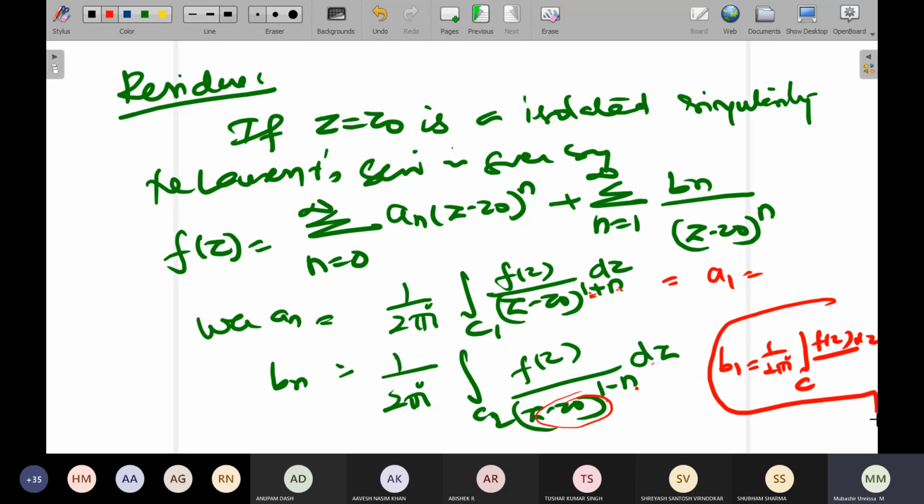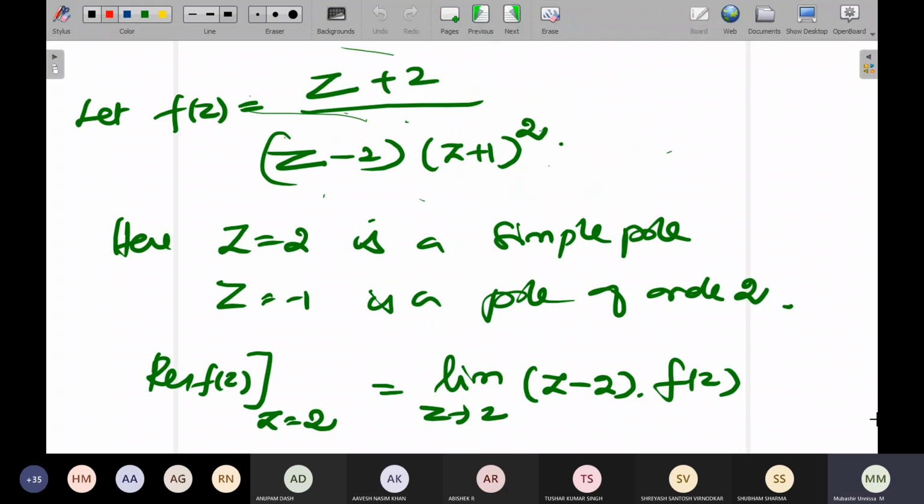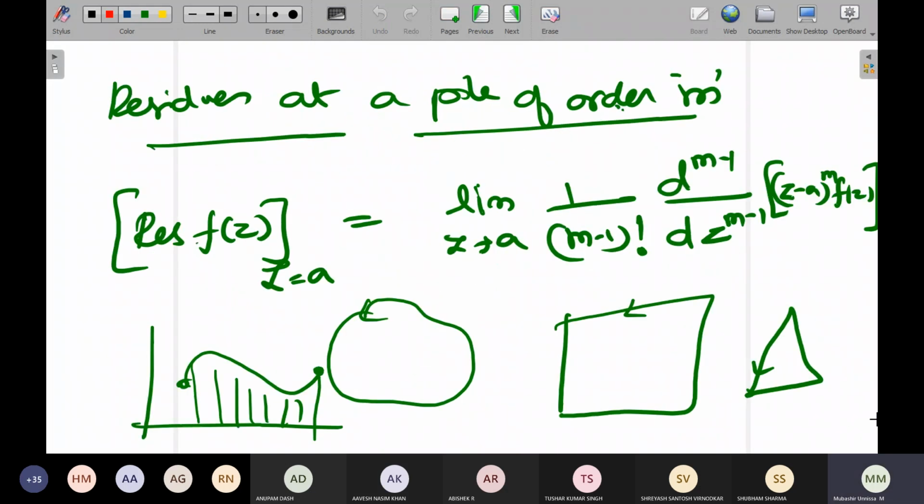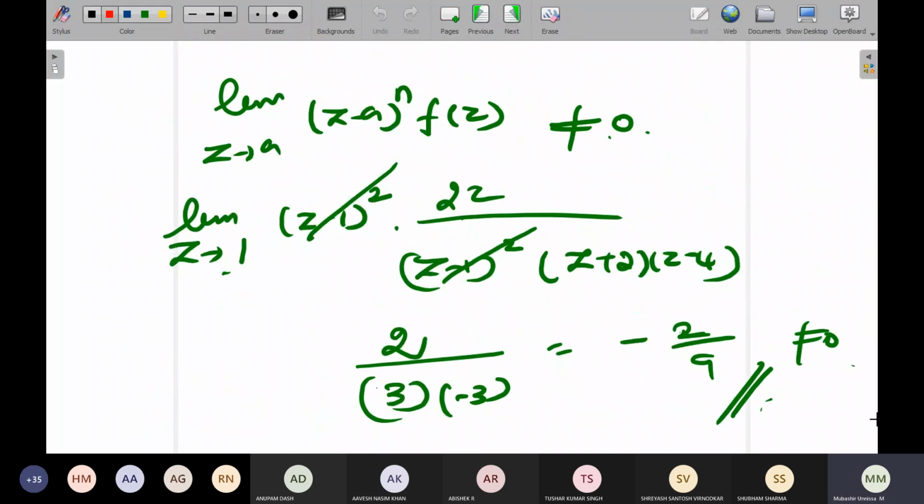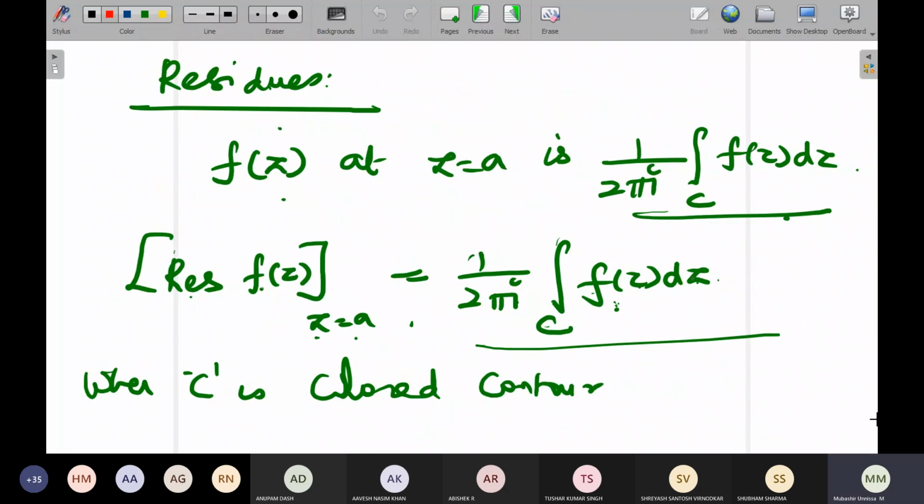What do you understand? Ma'am, b1 is the residue. B1 is the residue. That's all I wanted. Very good. B1 is the residue because here I have given 1 by 2 pi i integral over C of f of z dz, and this is the residue I said.